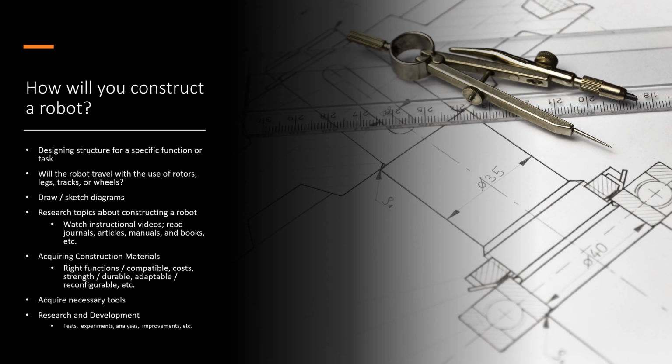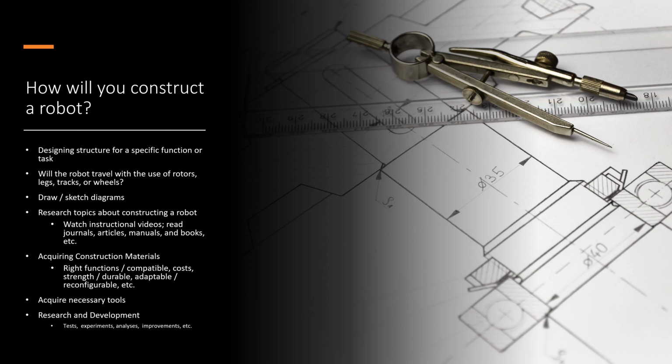You have to find the right parts that perform the functions that you need. Maybe you need a motor that has high torque and low rotation speed. Or maybe it's the opposite. You need a motor that can have high speed and low torque.